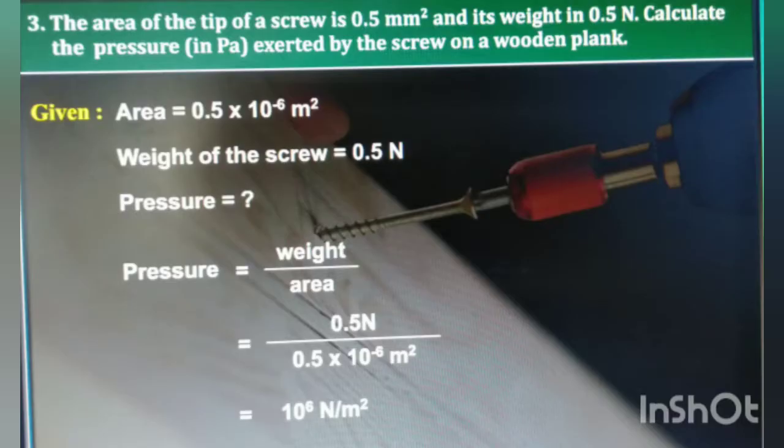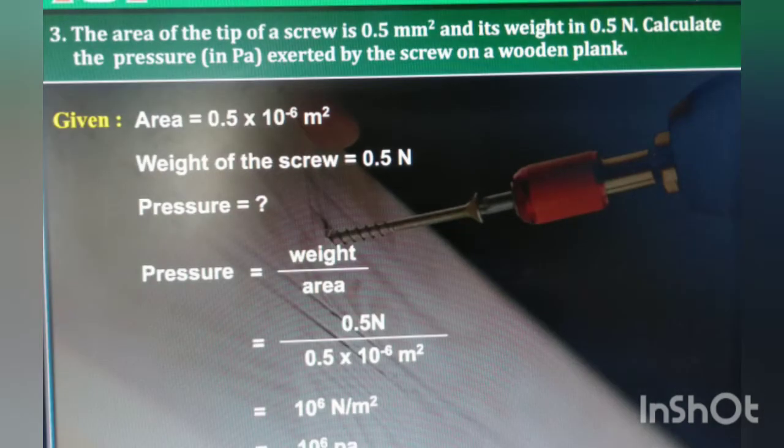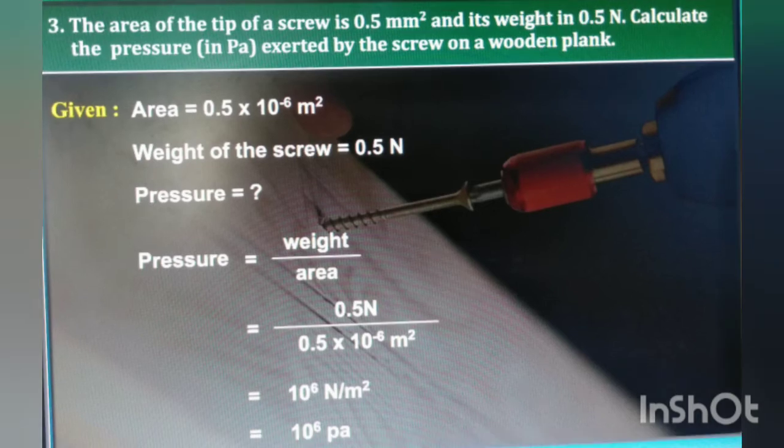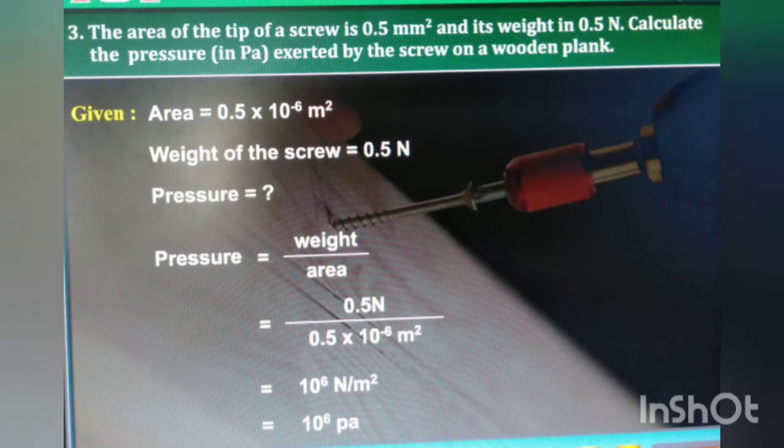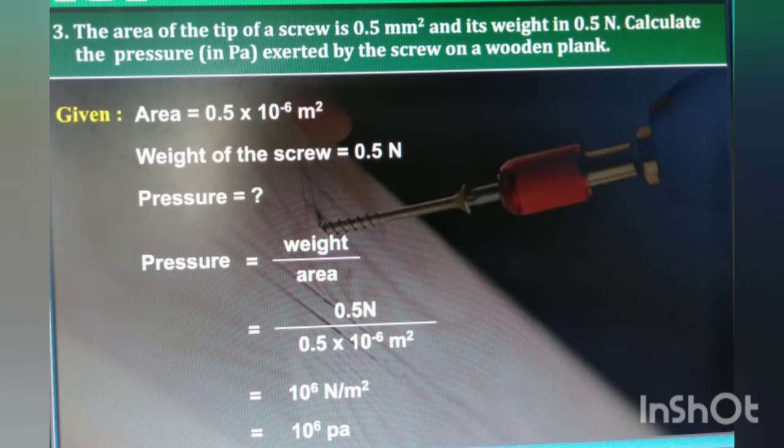Weight of the screw is equal to 0.5 Newton. Pressure is equal to what? Pressure is equal to weight upon area. So substitute the values. Weight is 0.5 Newton upon area, that is 0.5 into 10 raised to minus 6 meter square.